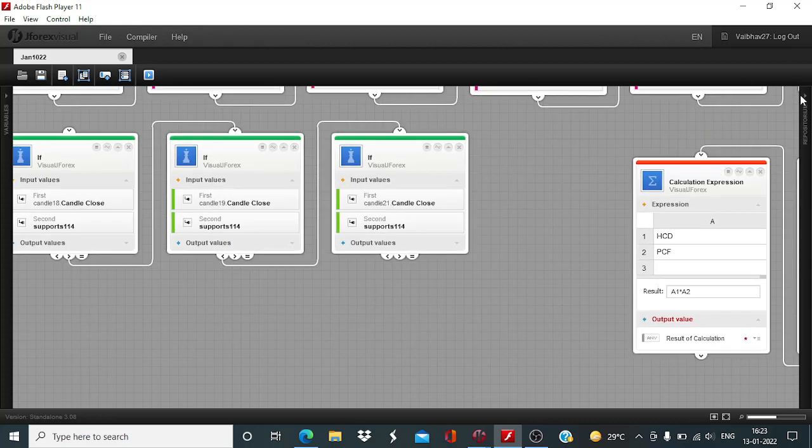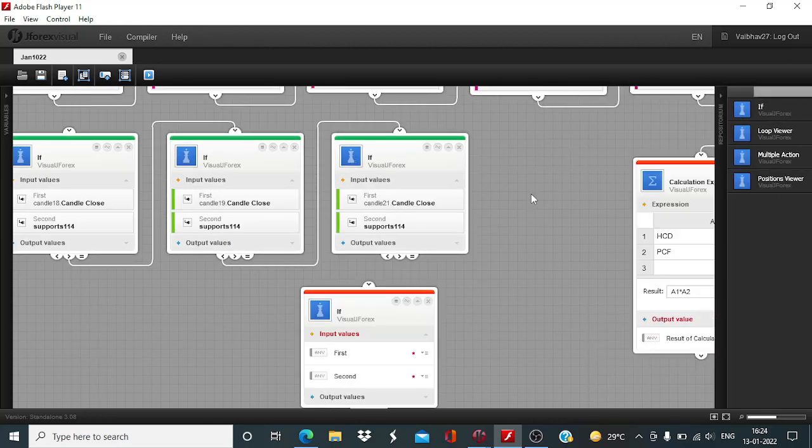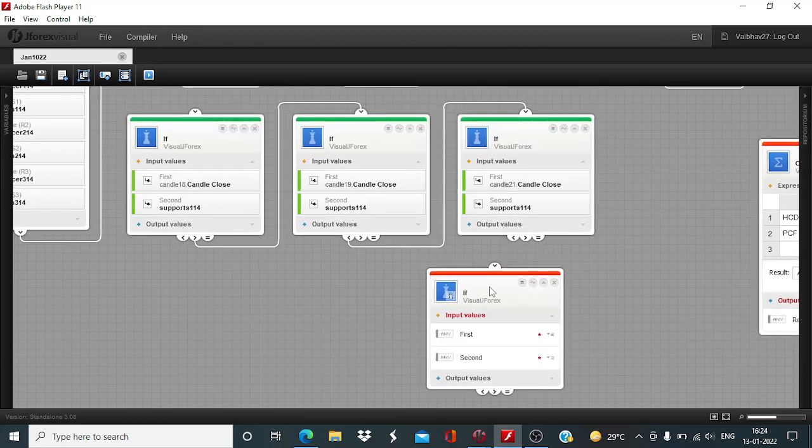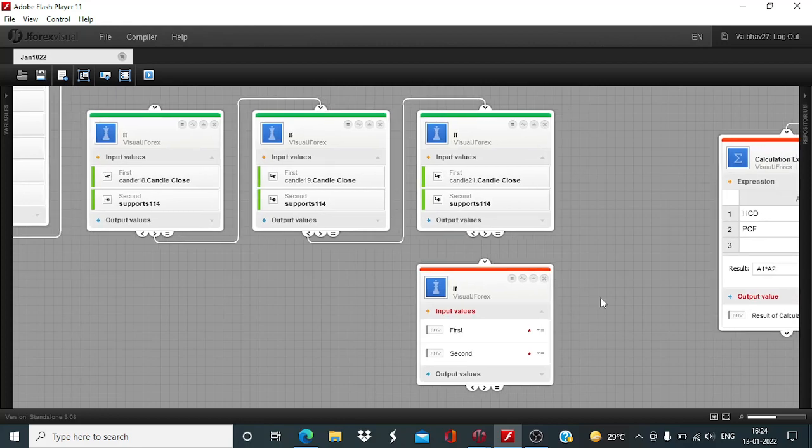Okay, we take this candle 21 candle close, and this will be first input less than second input.